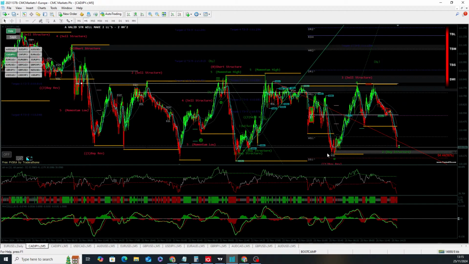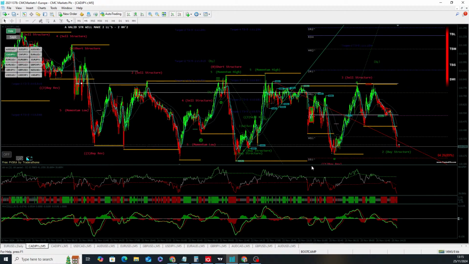Then we had this momentum low this morning. The market gapped down a little, gave us a retest for the two wave structure, and we should expect a break of this momentum low and for the Canadian dollar Japanese yen to open a new wave structure to the downside. So that is the CAD yen.